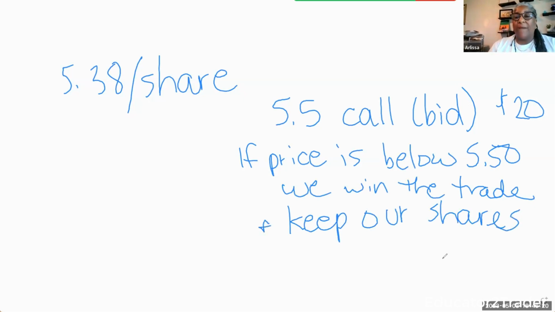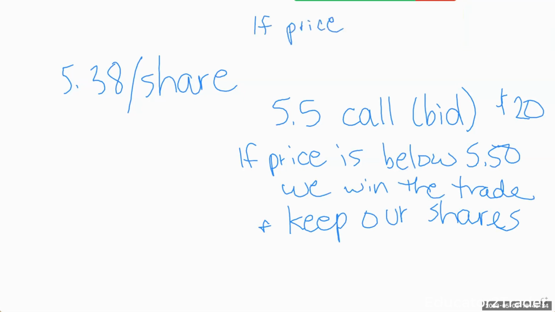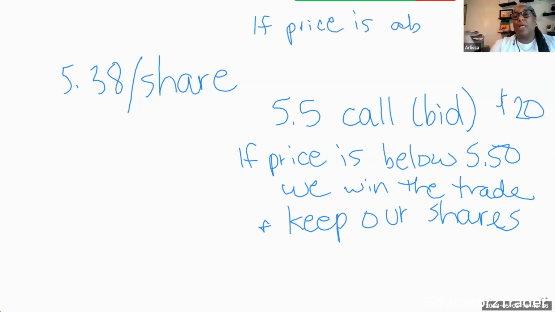If the price is below 5.50 at expiration, then you win the trade and you keep your shares. Are you with me so far? Yes. Okay. If the price is above 5.50 at expiration, your shares will be called away.